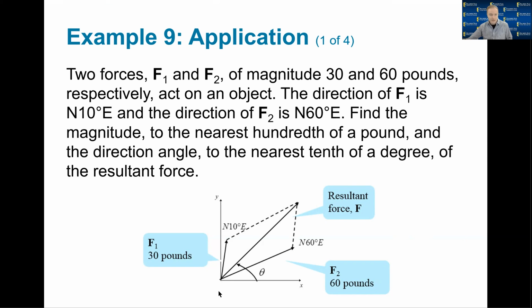Of course, the 60-pound force should overpower the other, but we'll need to find the resultant vector from these two vectors acting on an object. I'm supposed to find the angle to the nearest degree and the magnitude.